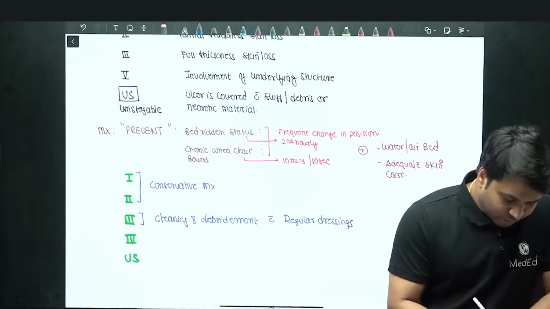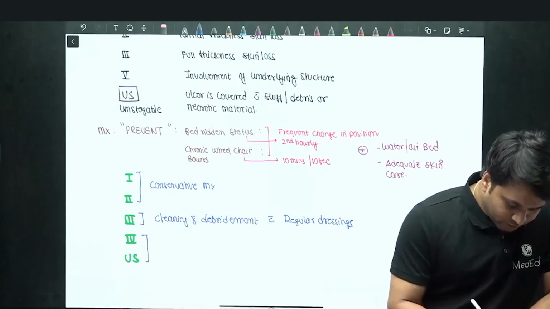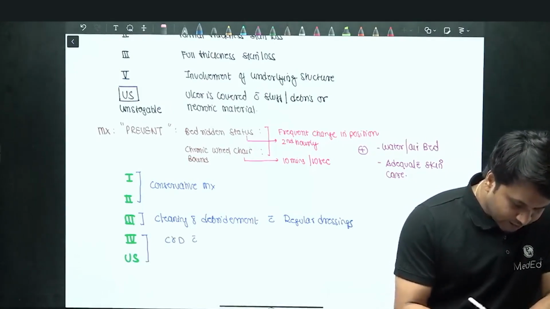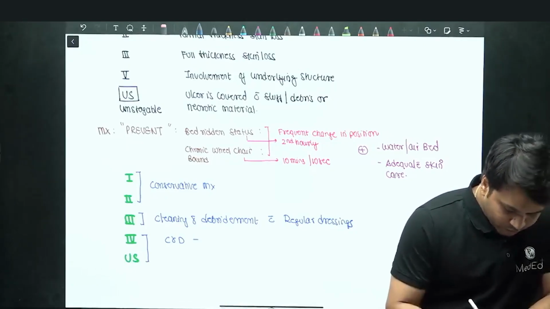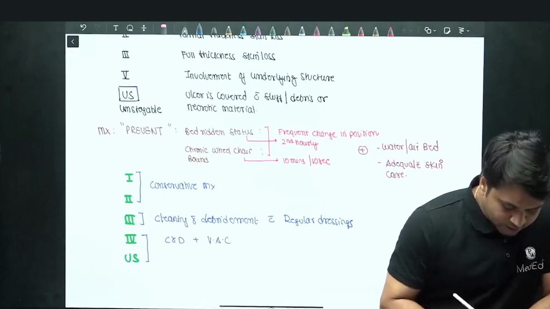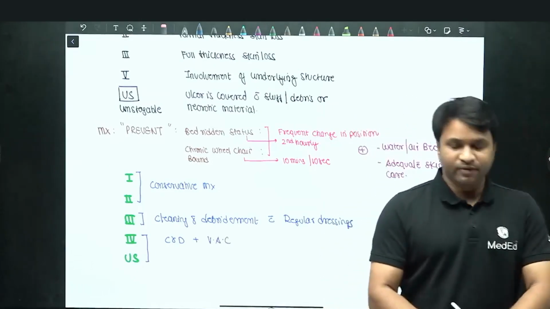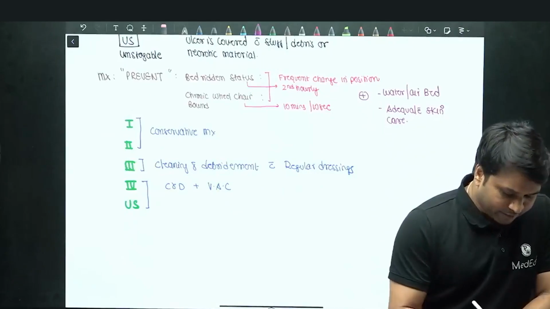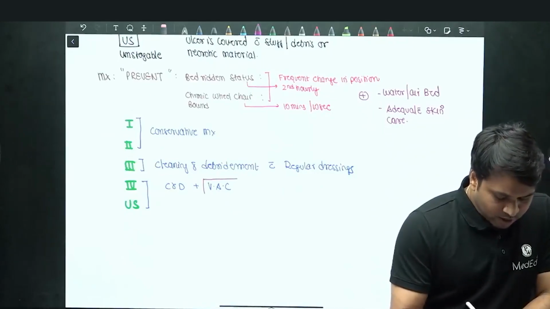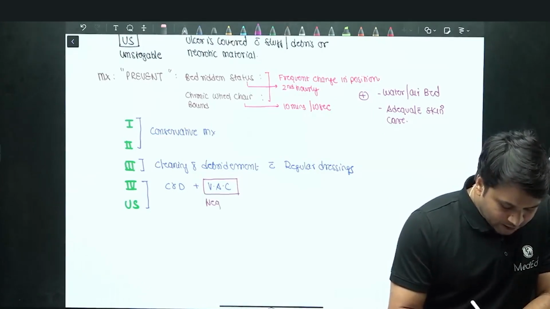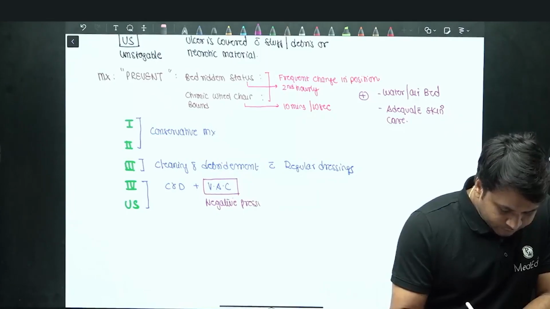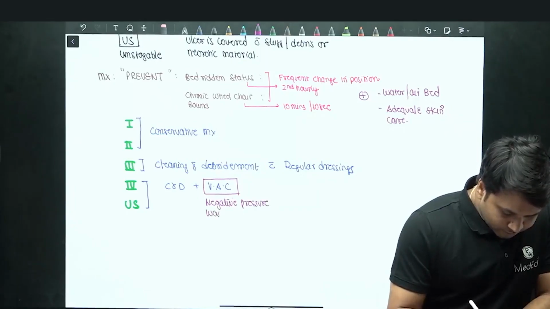For grade 4 and unstageable, we will do cleaning and debridement, and rather than doing regular dressings, I will advise the patient for VAC closure, that is vacuum assisted closure, right? Whenever we say VAC, I think everybody knows VAC is an old term. Now we say negative pressure wound closure system.